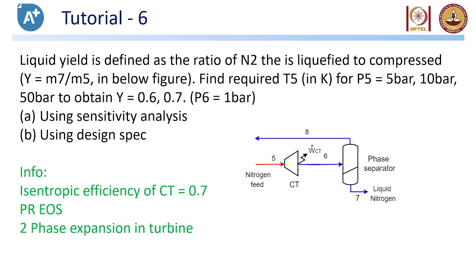Whatever output of the turbine you have is sent through a phase separator where the liquid is separated from the bottom and the vapor comes from the top. Now I want you to tell me the amount of nitrogen coming from stream 7, which is essentially getting liquefied. Can you tell for this particular case? People who have Aspen with you?